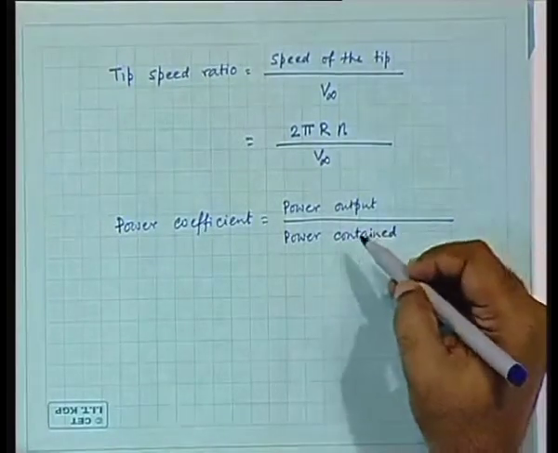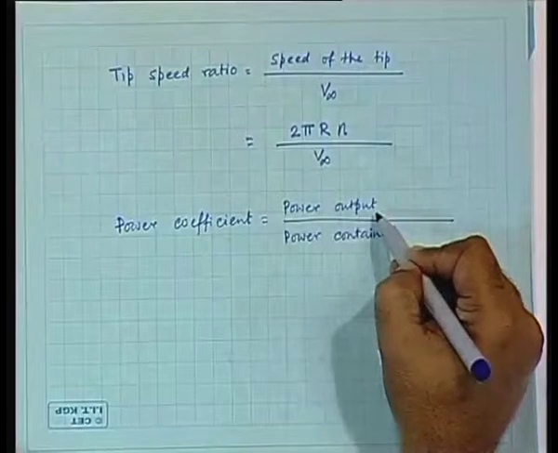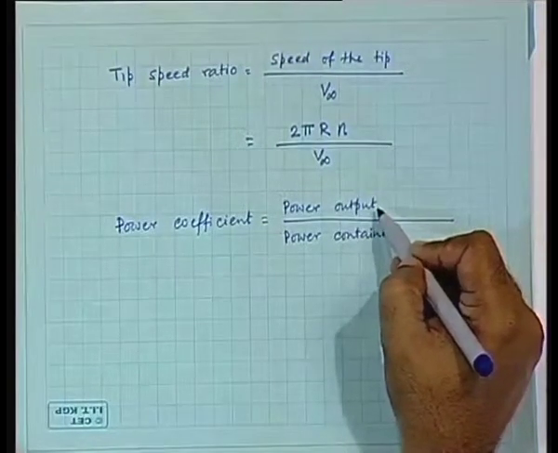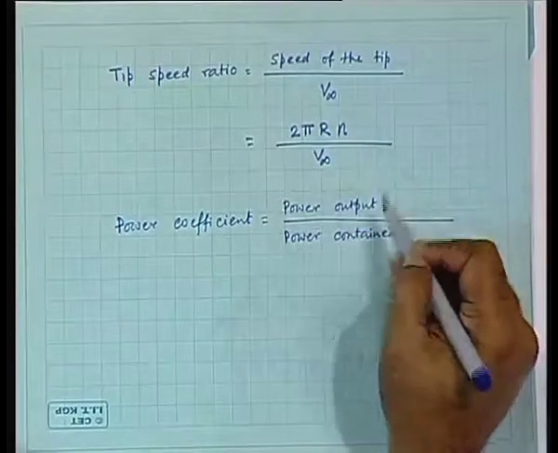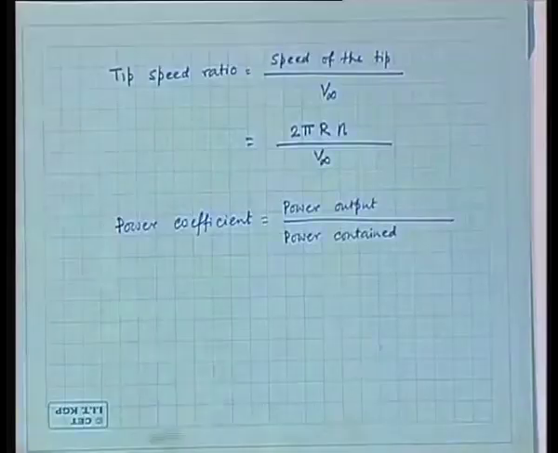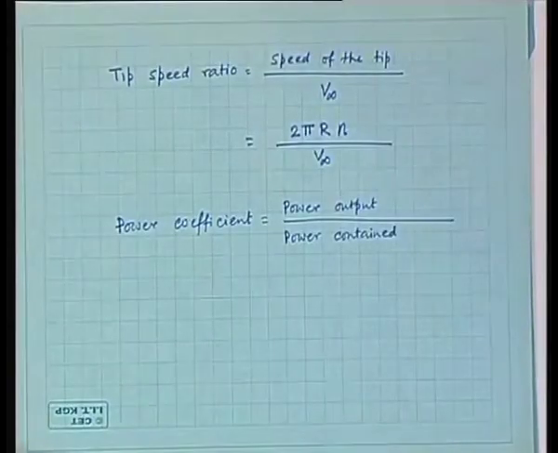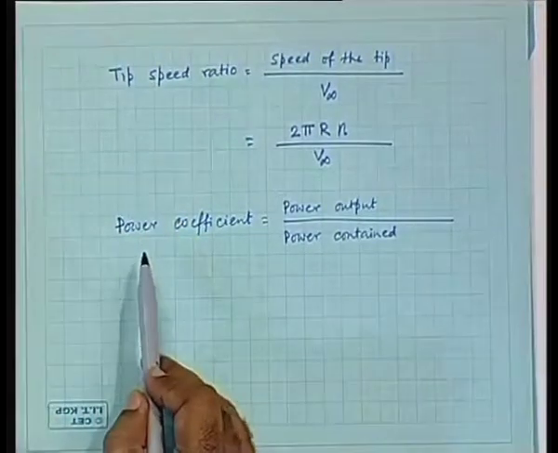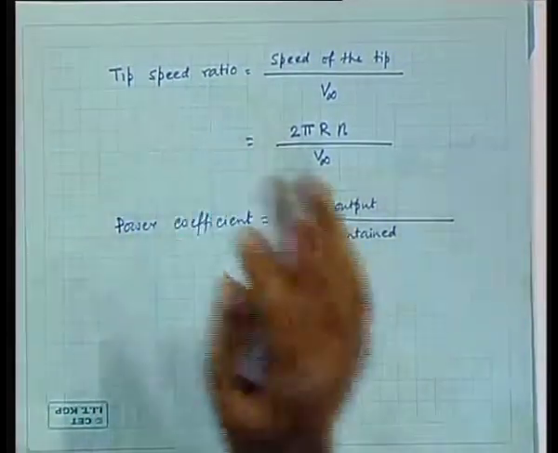The only distinction is that this power output is not the actual electrical power output of the whole wind turbine generator system. This is the power output of the aerodynamic power. That means the power that has been converted from wind into the mechanical domain. Okay. So this is the power coefficient. Now it so happens that for every wind turbine, there is a distinct relationship between the power coefficient and the tip speed ratio.